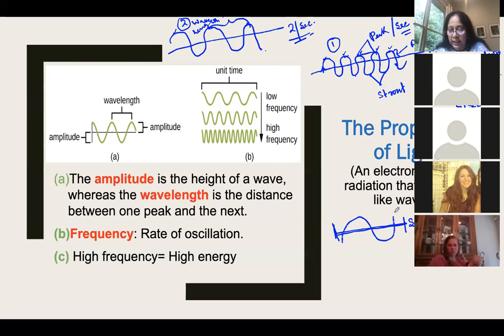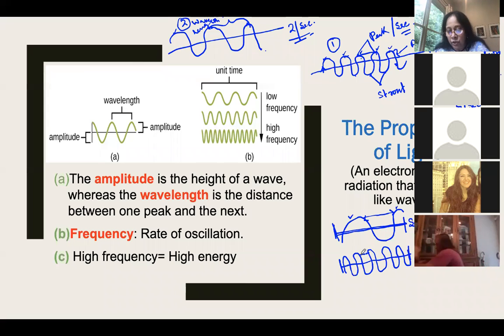It's really a large wavelength. If the wavelength is high, then the number of peaks goes down, which means the frequency goes down. But if we keep the distance the same and we reduce the wavelength, then the frequency increases.